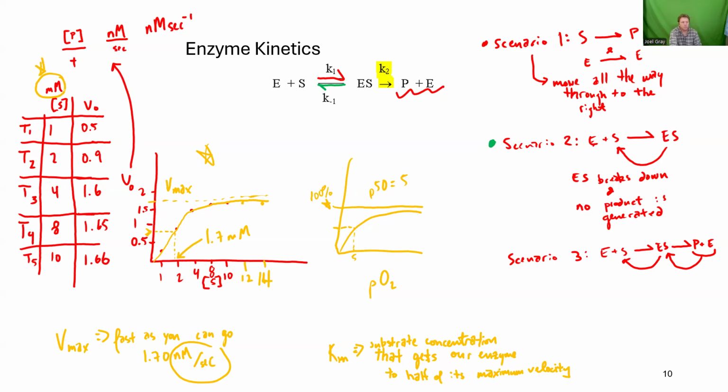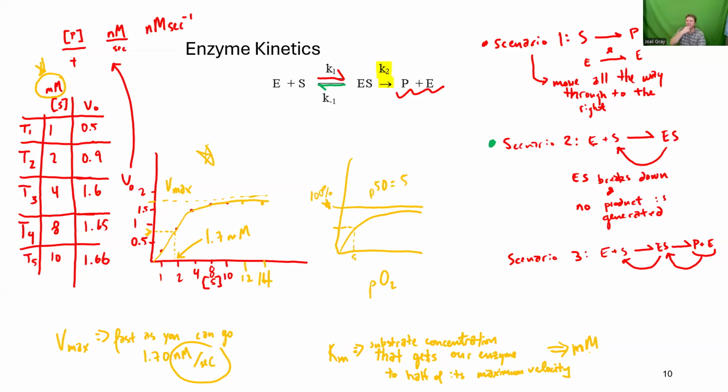Our substrate units were millimolar. And so in this particular example, our units for Km would be millimolar. Are Km always going to be millimolar? No, not at all. Km might be nanomolar. It really depends on what the units of that x-axis are.